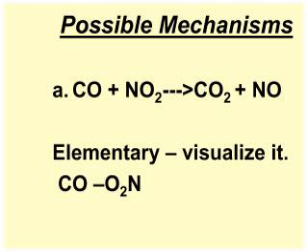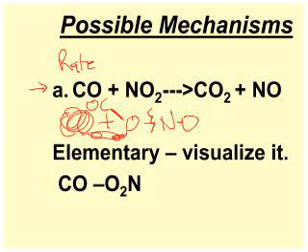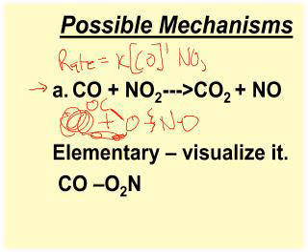If you're trying to visualize it, you could see this as CO approaching NO2, written as OC plus O, N, O, and you can see how this could form a bond and break a bond there, and then you could get CO2 and NO. This does not match the rate law, because if this was the one elementary step, it would be the rate determining step, and the rate law would be k[CO] to the first [NO2] to the first, and that does not match up. So that is bad.